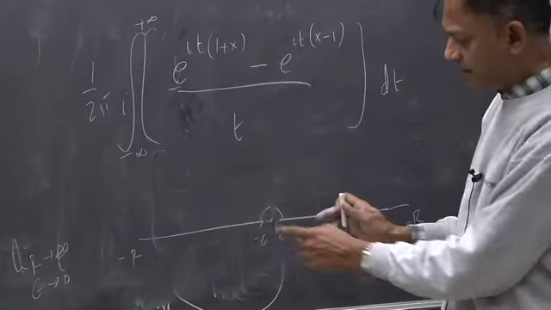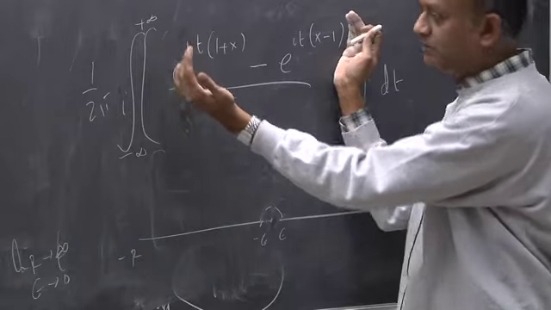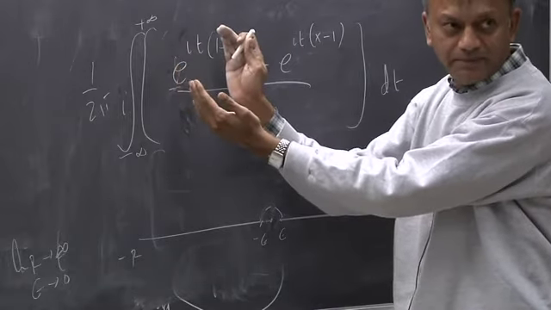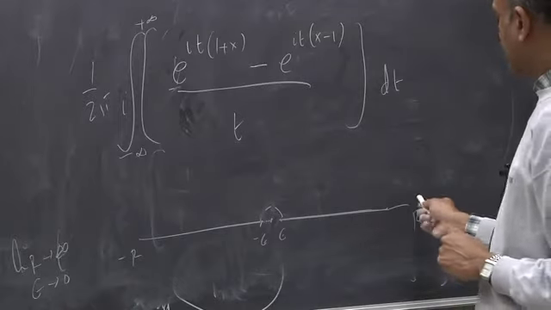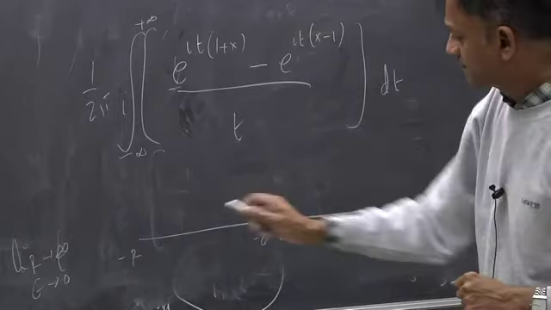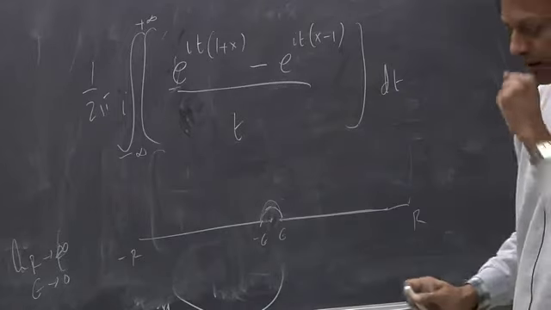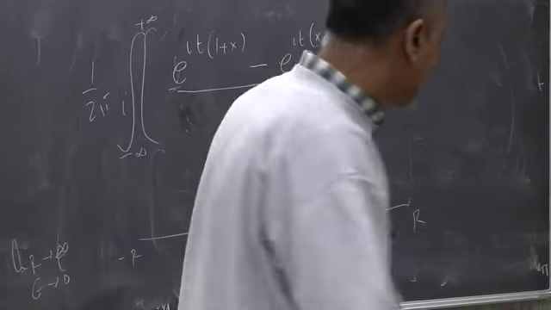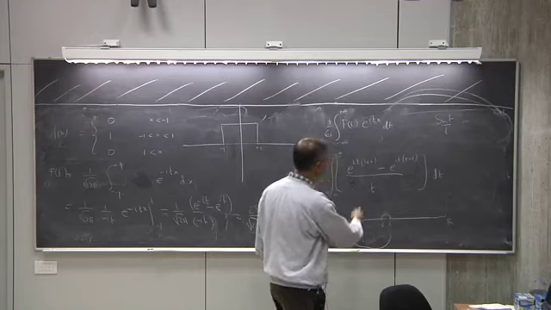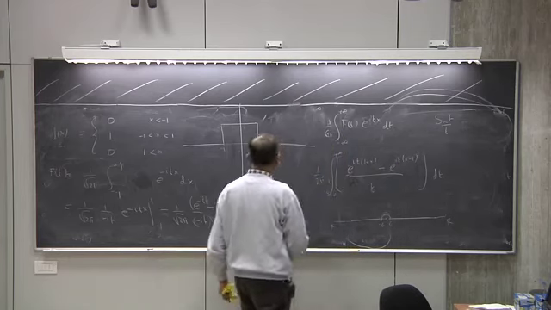This was not needed actually, if we had kept this whole thing together, but we wanted to manipulate them separately. So we did this, and then we chose the contour like this, and a small semicircle here. Okay, so let's do that and see. But now together with this x, before in the previous calculation there was no x. Now I have to keep track of x.